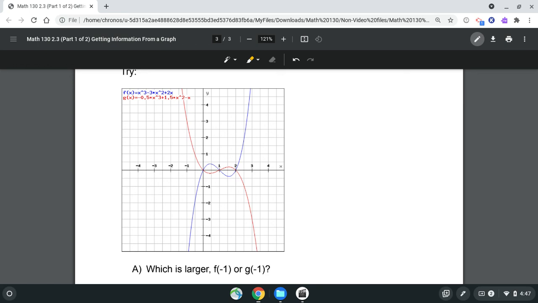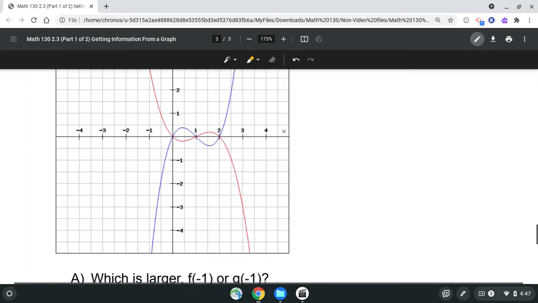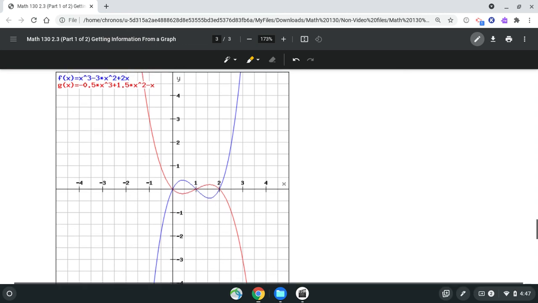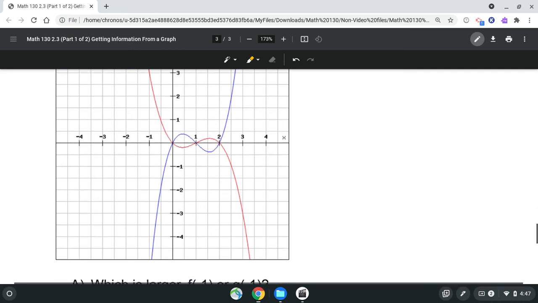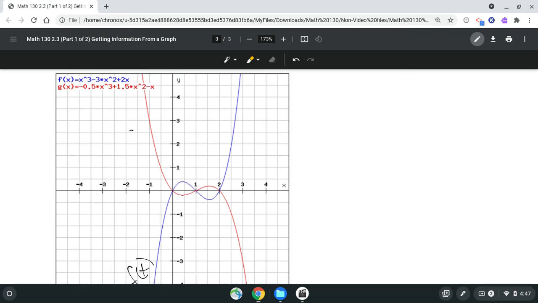Which is larger? Okay. So let's do one question at a time. Which is larger, f of -1 or g of -1? And remember, the blue one is the f function, and the red one is the g function.